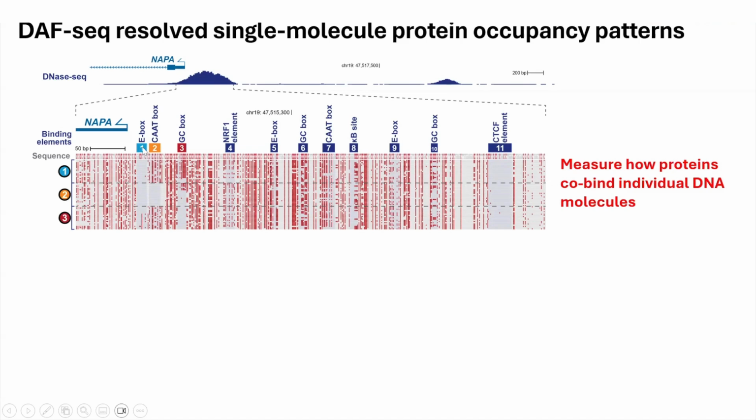For example, these are a handful of different regulatory elements likely to be bound by proteins. And you can appreciate on these fibers labeled by 2 that you have occupancy at site 1, this site, as well as this site on some fibers, telling you that these proteins like to bind together, which indicates this may be essential for the function of this particular regulatory element.